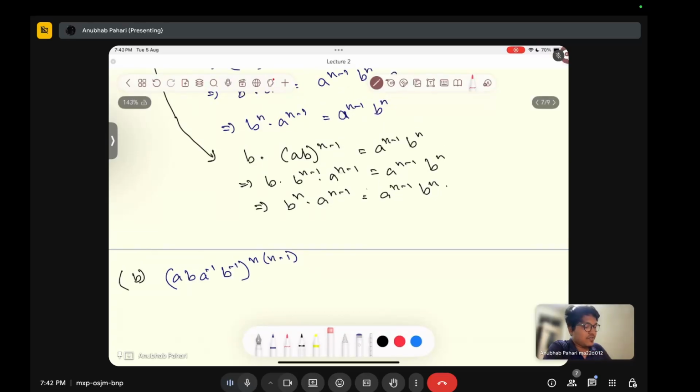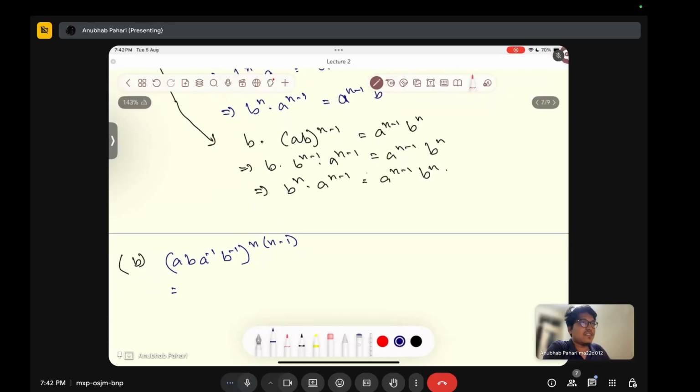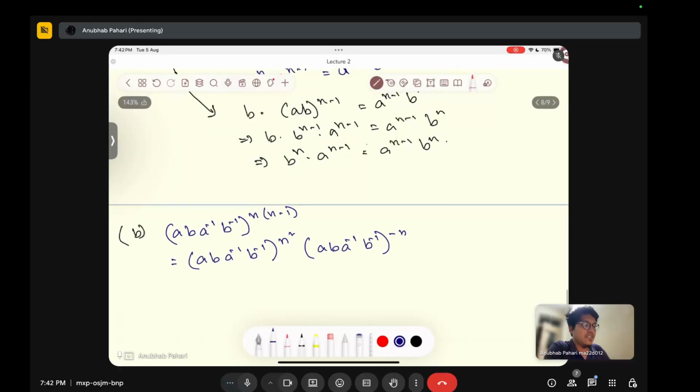Okay, so this is given. We have to show that this is the identity. A B A inverse B inverse, it should be n square, and A B A inverse B inverse is minus n, right?